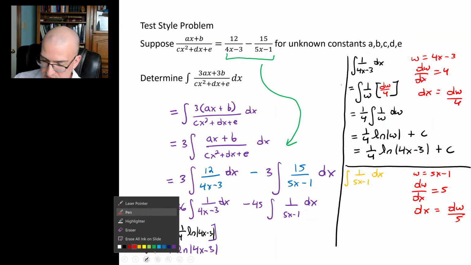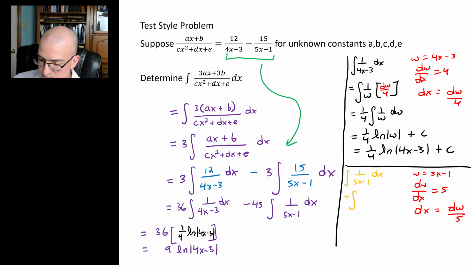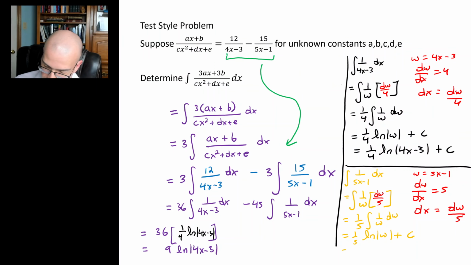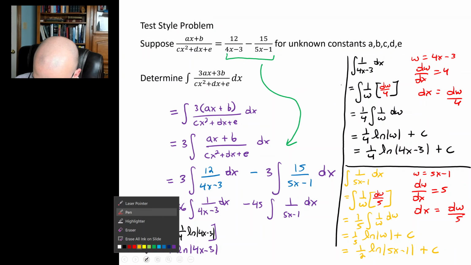And then that allows us to rewrite the integral as 1 over w, dw over 5. So 1 over 5 antiderivative of 1 over w. 1 over 5 ln absolute value of w. And then plus c, and then undo the substitution. So 1 over 5 ln absolute value of (5x - 1) plus c. And that'll get plugged in over the left-hand side for the second part.